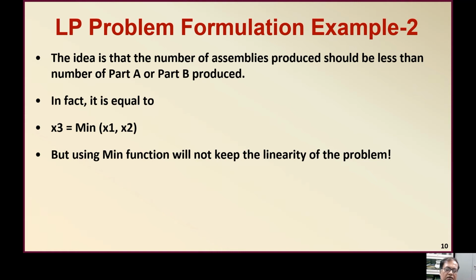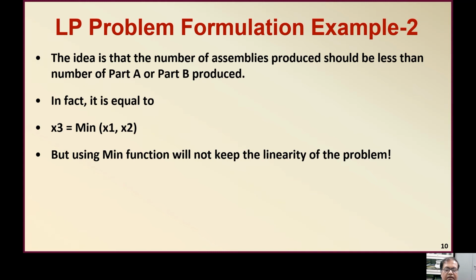This is not. So you cannot use the minimum function as your objective function. Objective function is maximizing, that's fine, but maximizing z or x3 equal to minimum of x1 and x2 you cannot write.